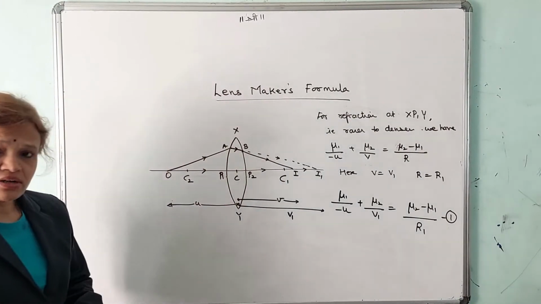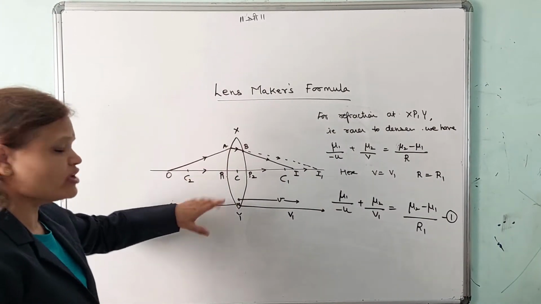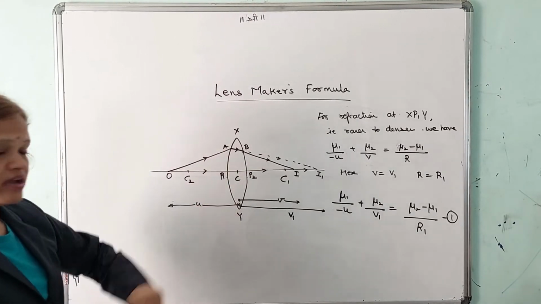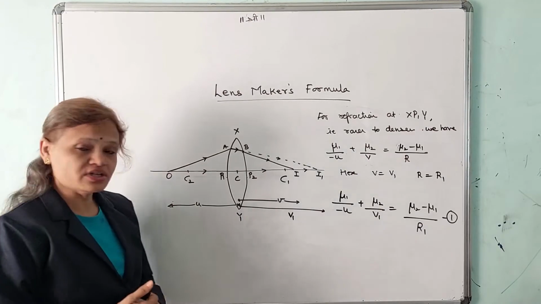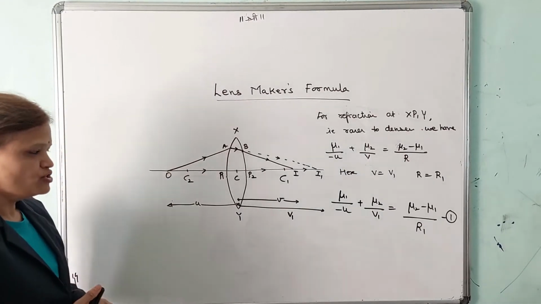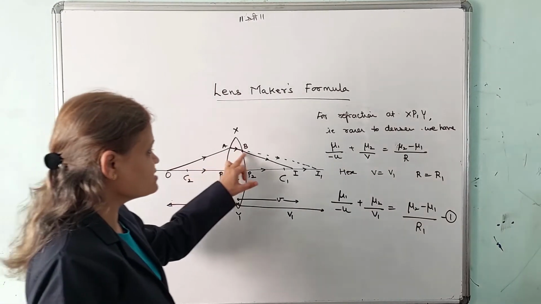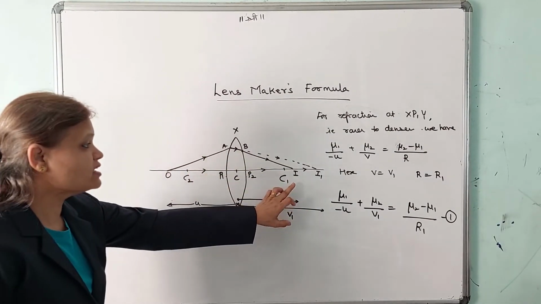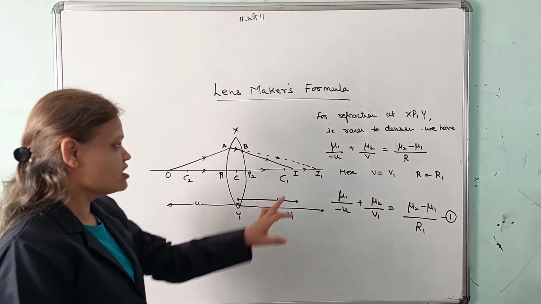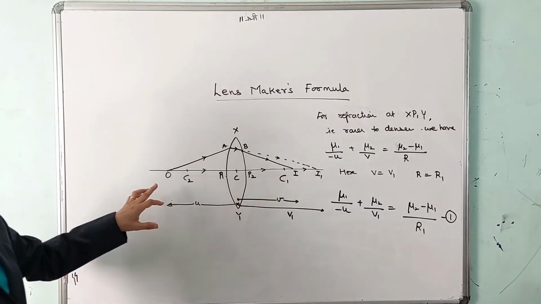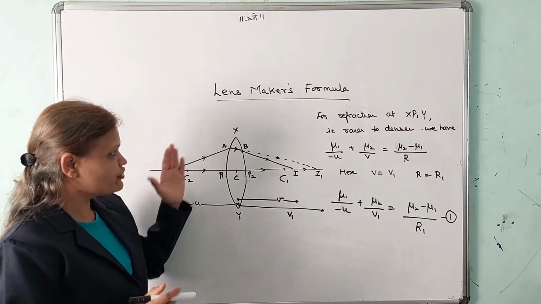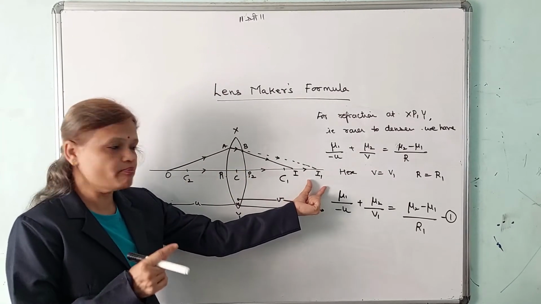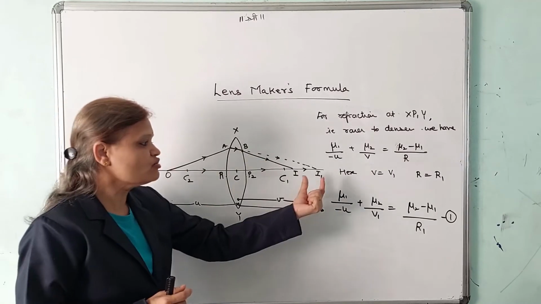But the lens material is not continuous. There is another refracting surface XP2Y. So now refraction takes place at XP2Y. The ray actually doesn't go along the dotted line, but it will go and meet the initial ray at I. So the final image is I of the object O. For refraction at the XP2Y surface, this image I1 formed by XP1Y acts as a virtual object.